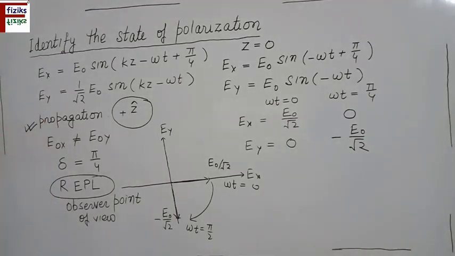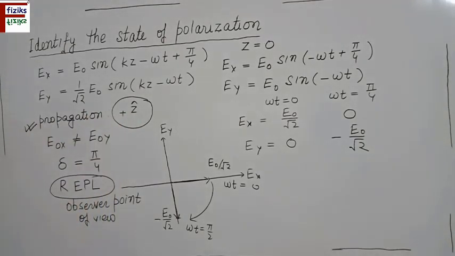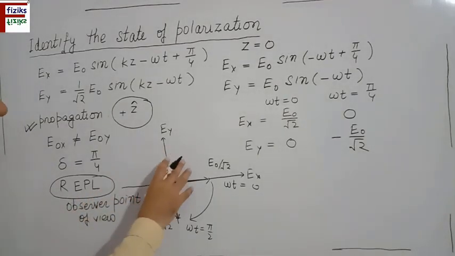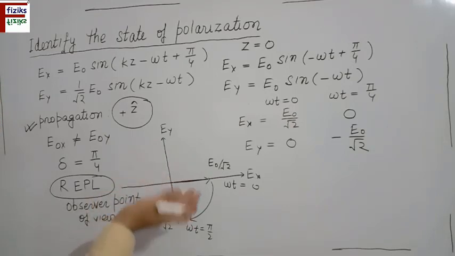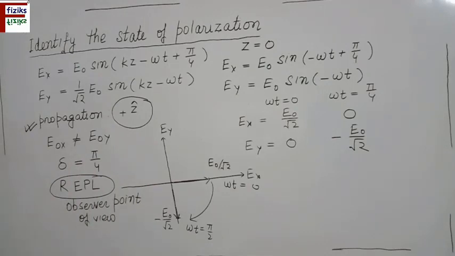If light is propagating in plus z direction, then whatever you are observing on this Ex, Ey plot, the same thing will be observed by the observer standing on the positive z axis at a large distance, with light propagating towards him. But when the propagation direction is minus z cap direction, then whatever you observe on this Ex, Ey plot, opposite to that will be the observer's point of view. So remember this point and then you can easily solve all these questions.